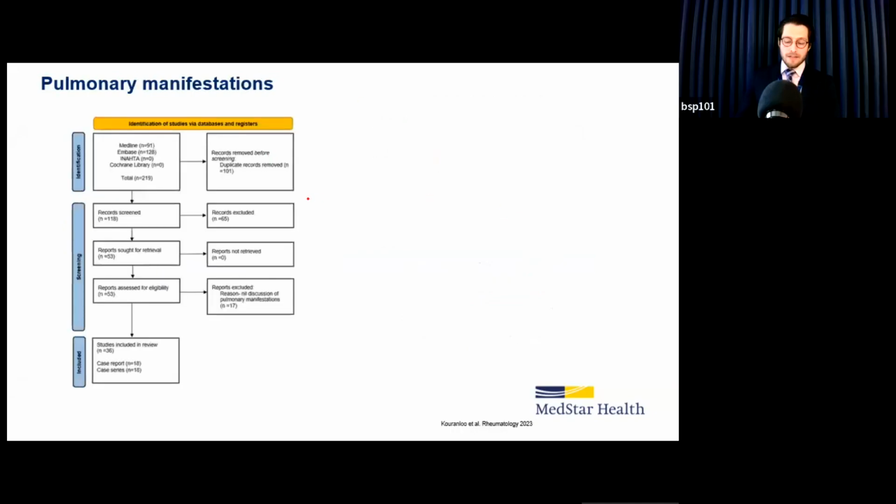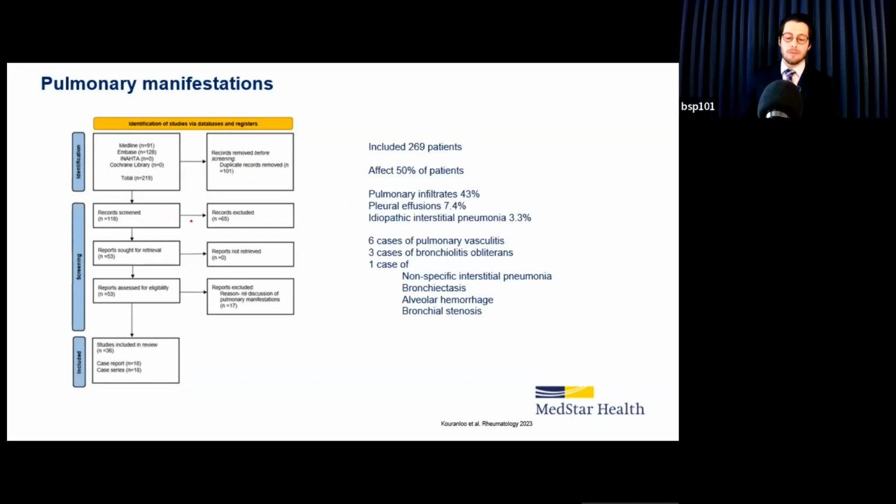As far as pulmonary manifestations, this was a recent review where they looked at records of patients with VEXAS. It is a retrospective analysis of all the cases that have been described or published so far, included close to 300 patients. And they found that 50%, or half, of the patients can have pulmonary manifestations. The majority have non-specific infiltrates.